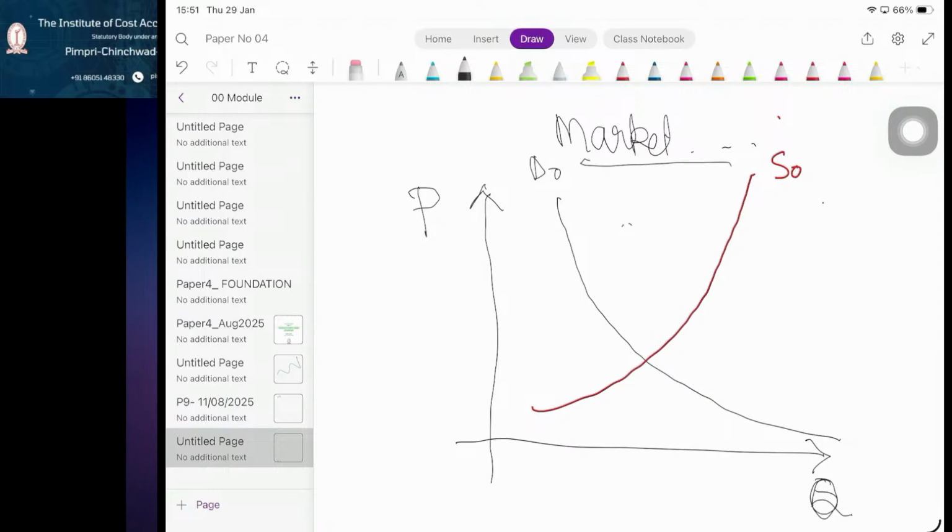Can we tell from this diagram what would be the price and quantity in this market? Can you all think? Is there any way we can tell? Did you all get this? Have you got it, guys? Online students, anyone has got an answer?